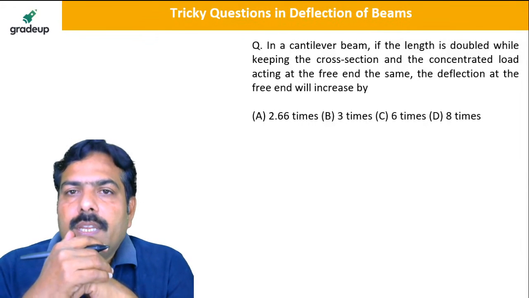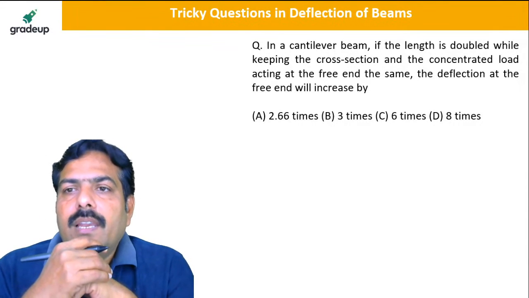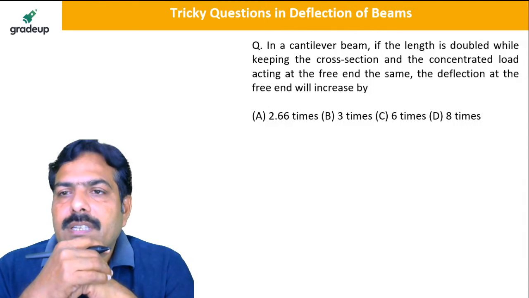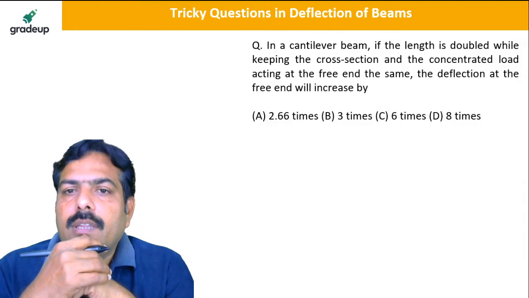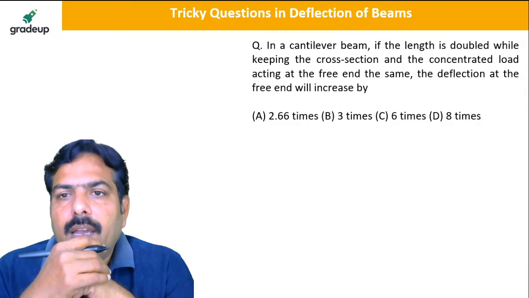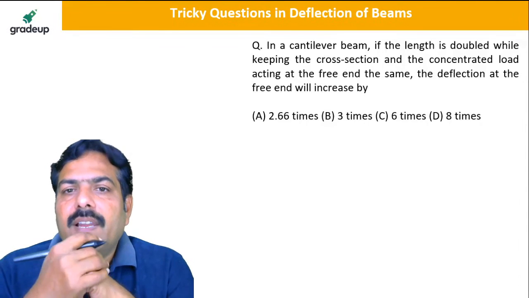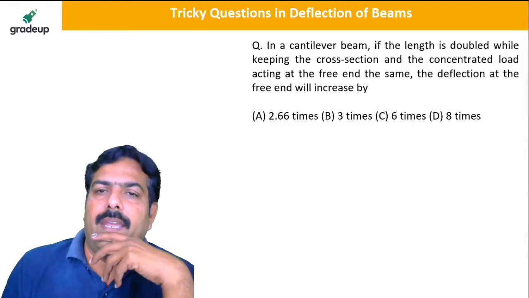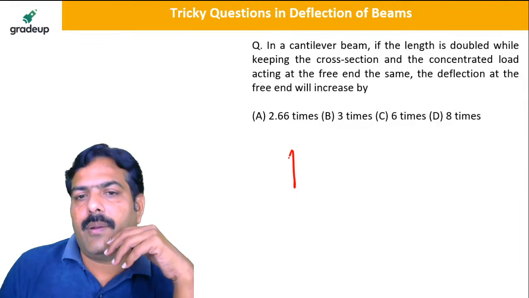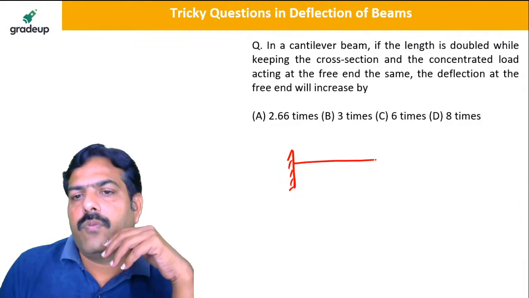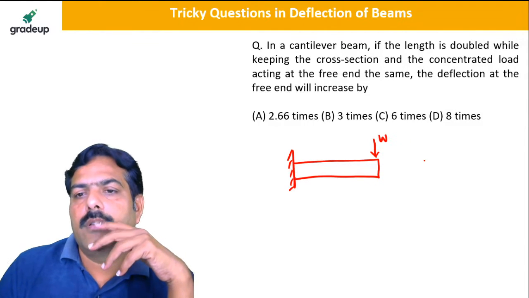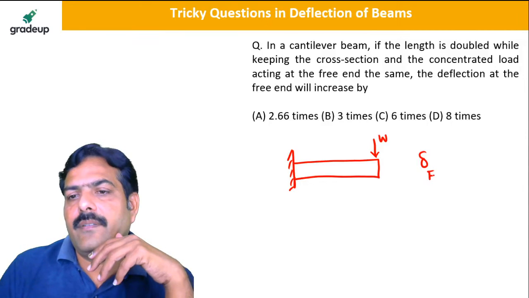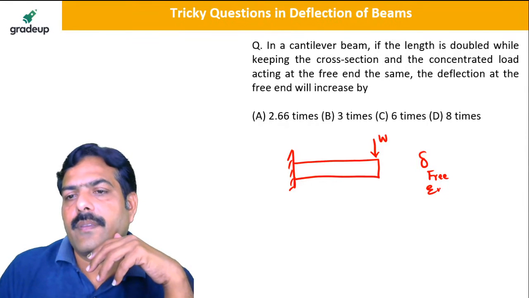So the first question is: in a cantilever beam, if the length is doubled while keeping the cross section and the concentrated load acting on the free end the same, the deflection at the free end will increase by how much? For a cantilever beam, when you apply a load, the deflection at the free end is equal to WL squared upon 2EI.